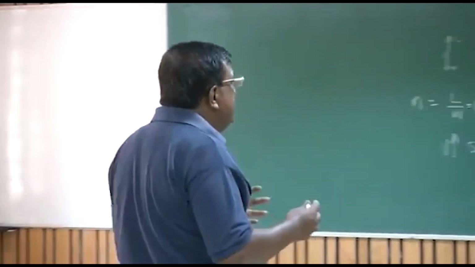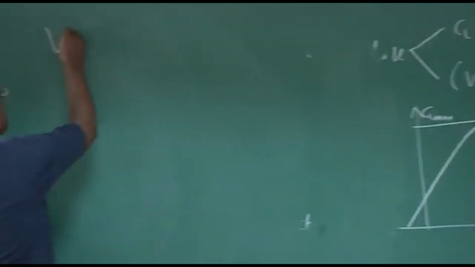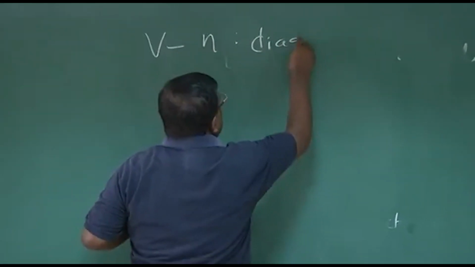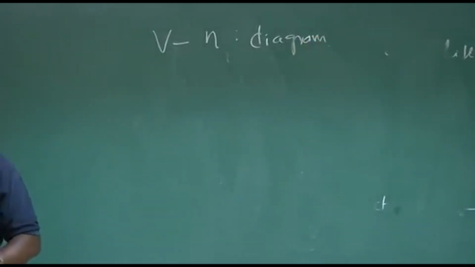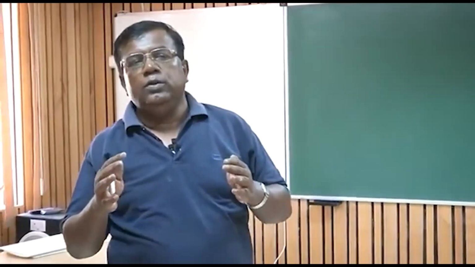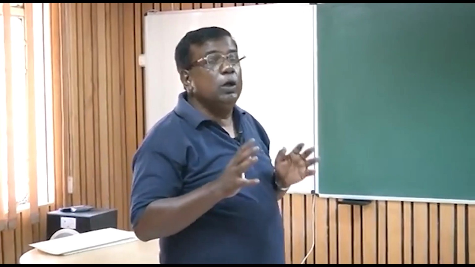Okay? So that is exactly what is called the VN diagram. That is what a VN diagram typically represents. When a pilot sees a VN diagram, he knows what speeds he should avoid. What is that envelope? He should know it a priori because he goes for flight.